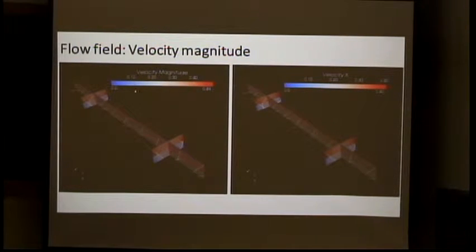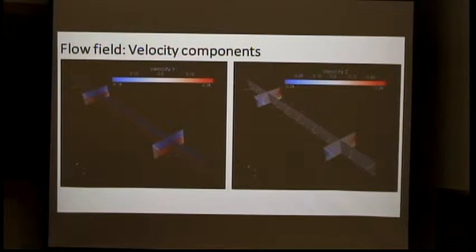The colors here show, in this case, the total velocity magnitude. And here you have the x component, where you see that it is larger out of the center of the domain. And if you look at the other components of the velocity, you observe that they have some distribution that, of course, is related to this helical motion that we are getting there.